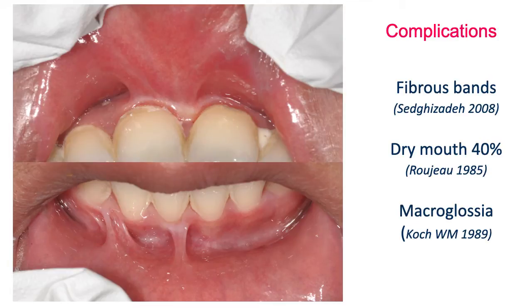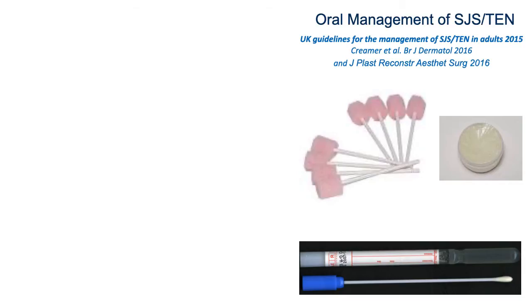As you can imagine, this will stop the toothbrush getting in and cleaning these teeth, and these patients will develop periodontal disease, or they will need surgery to remove these fibrous adhesions. There may be salivary gland damage resulting in a dry mouth, or even macroglossia as a long-term complication.